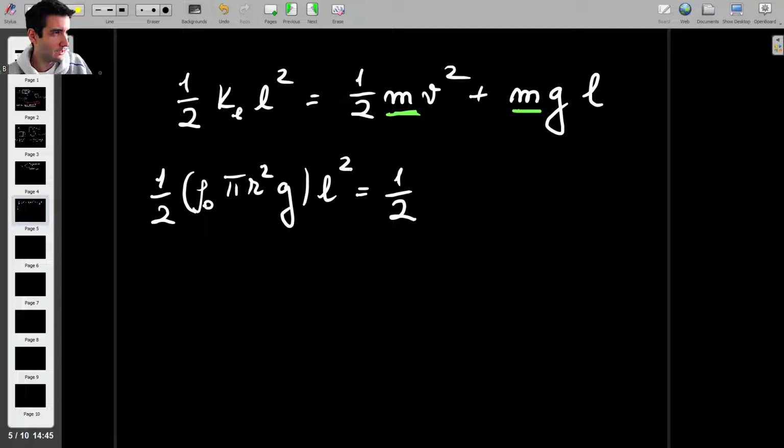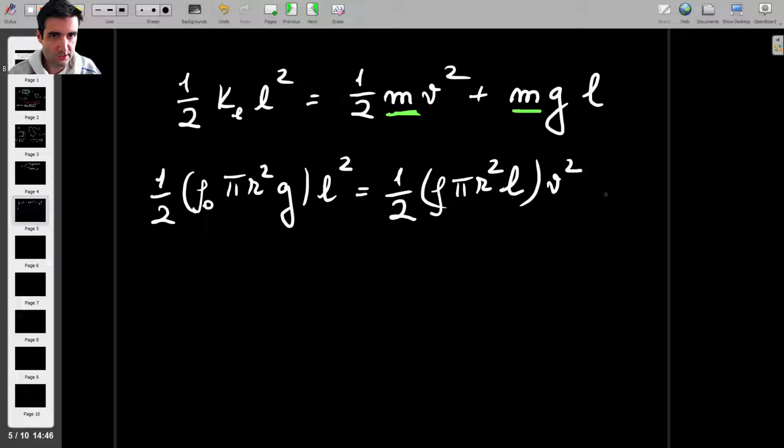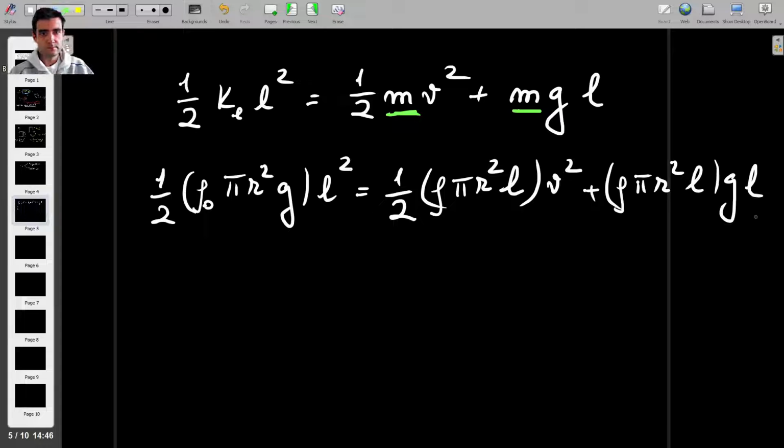We know the density of the cylinder is given to us as rho, then the volume is pi r squared times L, and that's the mass, and that's v squared. And we're going to use this again here. So that's density times pi r squared times L, and that's going to be times gL.